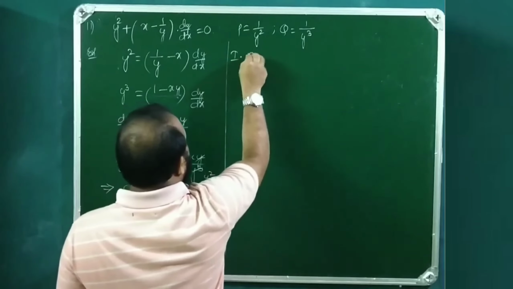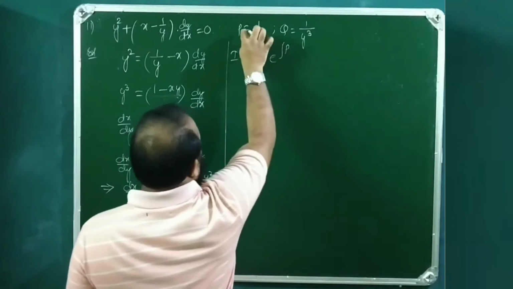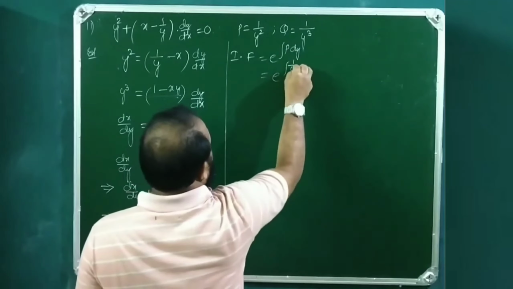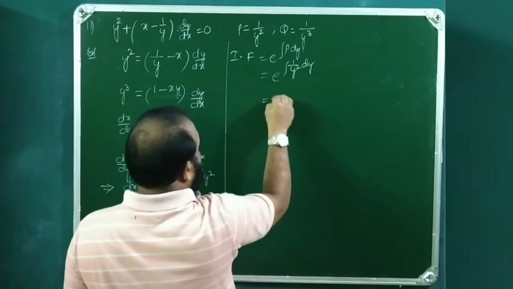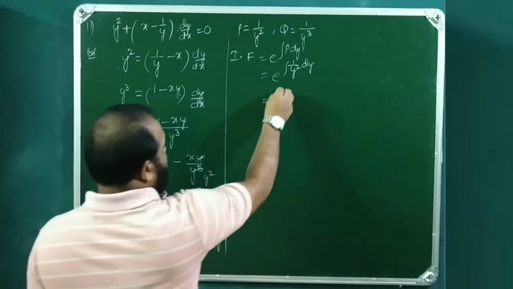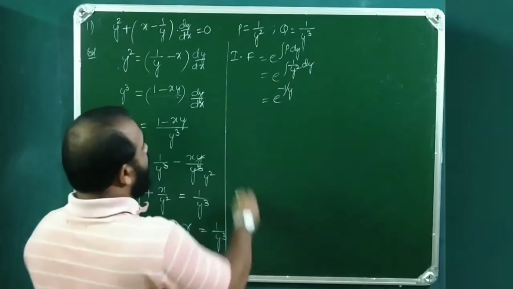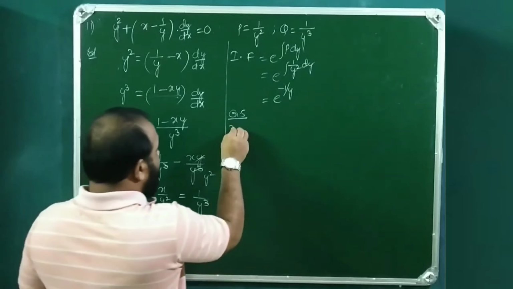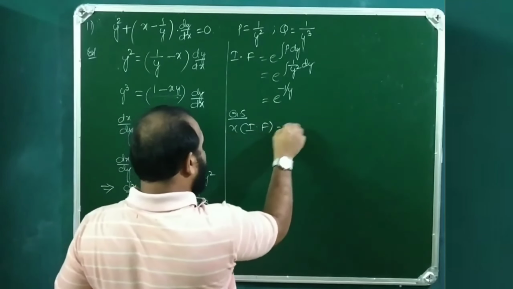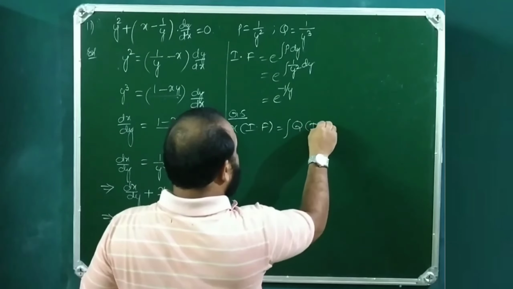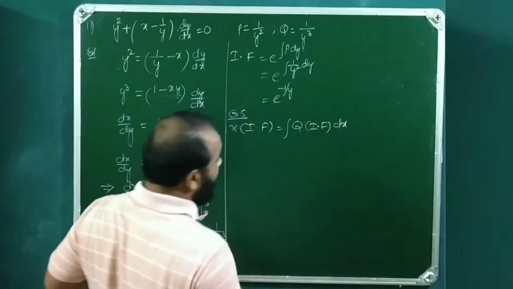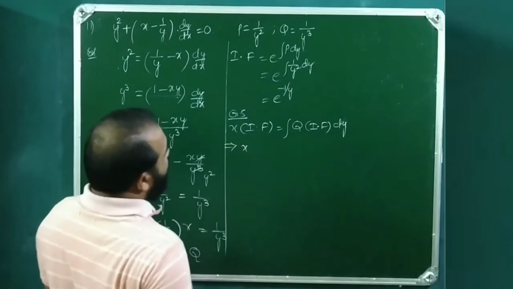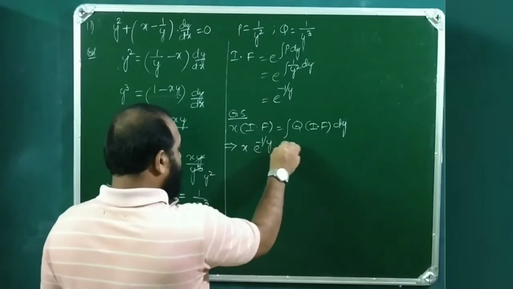So the integrating factor equals e power integral p dy, where p is in terms of y. So e power integral 1 by y square dy, which is e power minus 1 by y.